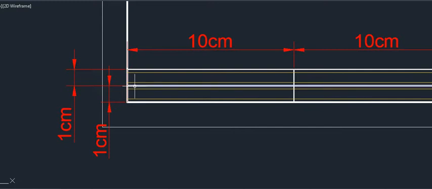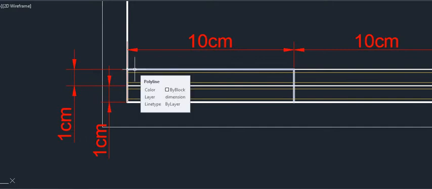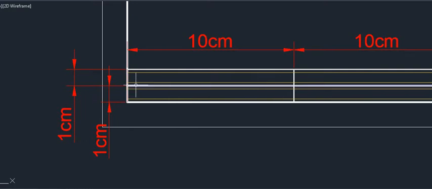As shown, we have here the dimension 1 centimeter from the bottom border line up to this partition line, and then another line is created with 1 centimeter, the same distance from the first line, parallel to our border line at the bottom. So we now have two additional parallel lines from the bottom line.